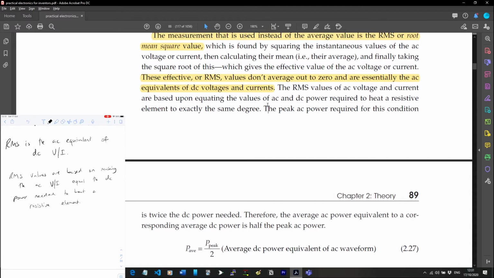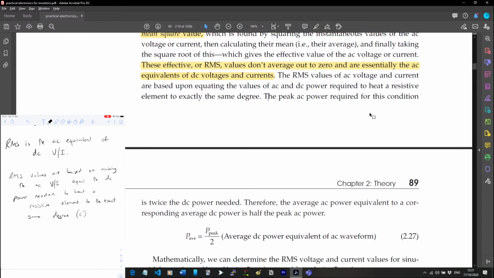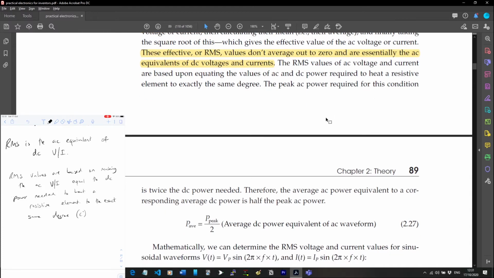All right, so needed to heat a resistive element to the exact same degree, basically. The peak AC power required for this condition is twice the DC power needed.